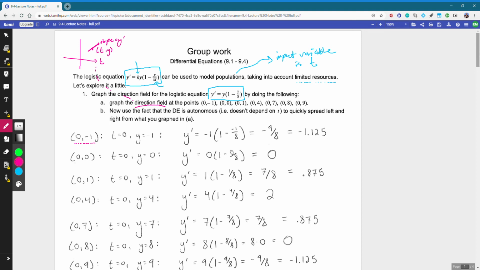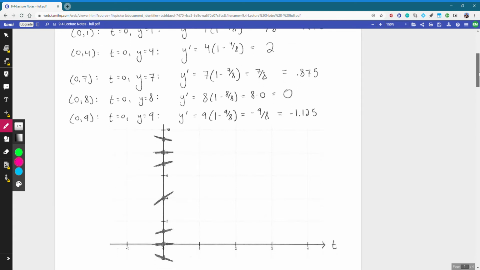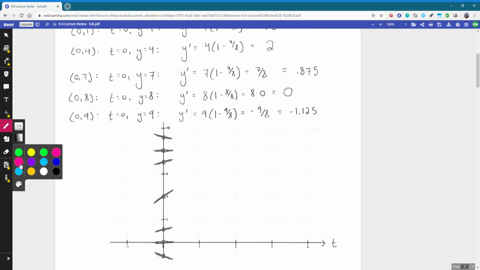Now with those on hand, we want to go down and sketch our line segments with those approximate slopes. And so here we have that. At 0 and at 8, we saw the slope of 0. At 4, we got a slope of 2. And so here, notice with the grid that's on this graph, we step over 1, we go up 2, so that's a slope 2 right there.